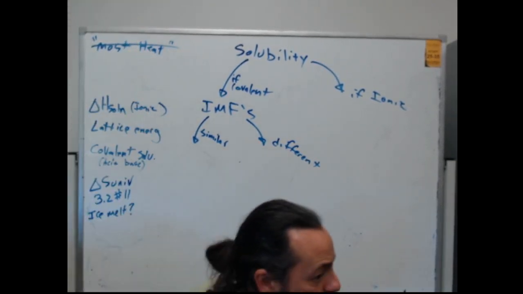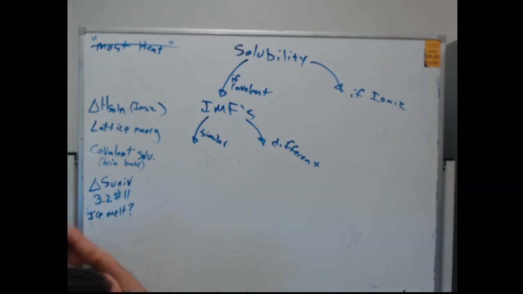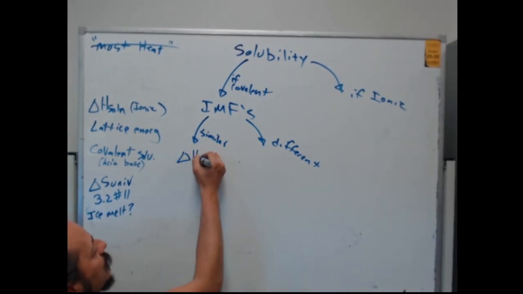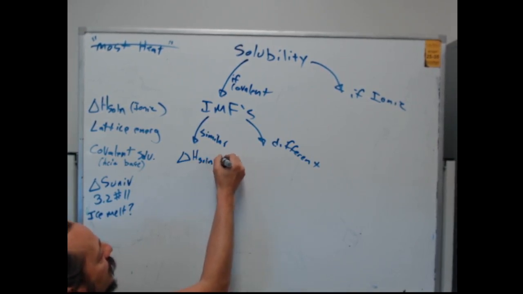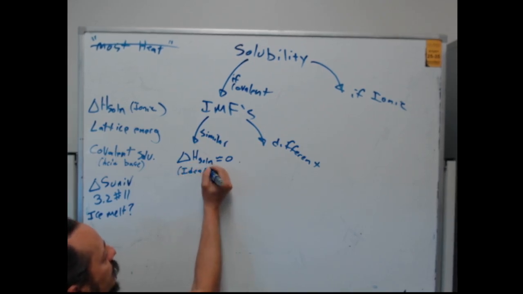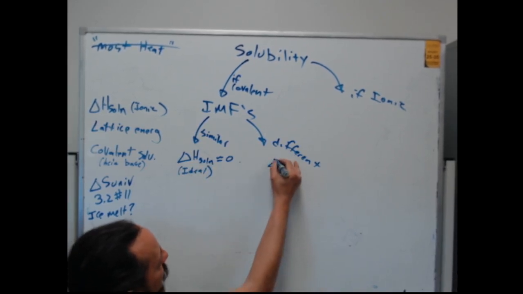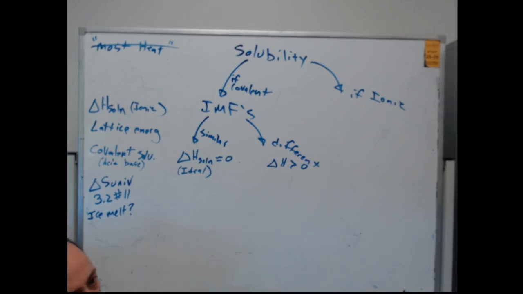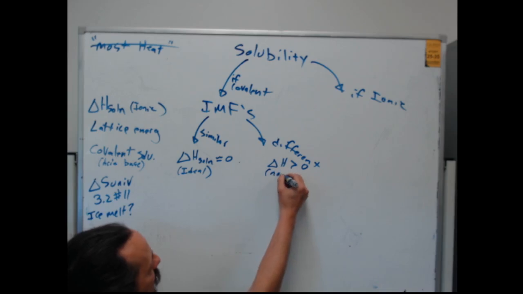And we can kind of go through this process, saying, well, what happens if the IMFs are similar? In this case, delta H of solution is going to be approximately 0. We call that an ideal solution. In this case, delta H is going to be really big. Positive, if the IMFs are really different. Right, we're going to end up with a big number, and this is going to be non-ideal.